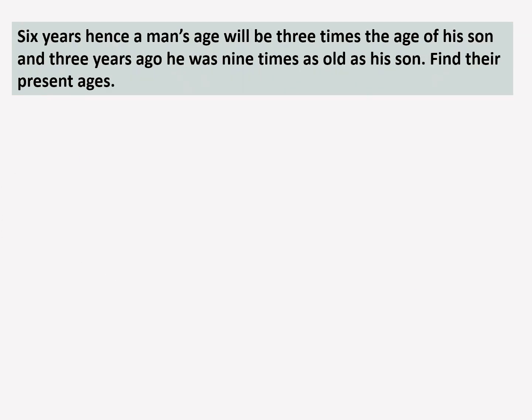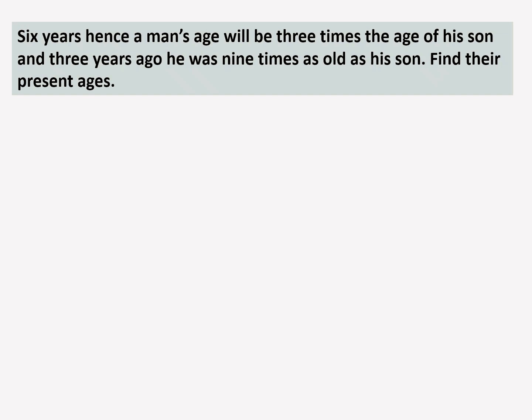Here we have another age related problem. The problem says 6 years hence a man's age will be 3 times the age of his son, and 3 years ago he was 9 times as old as his son. Find their present ages. So 6 years hence means it will be a future age.